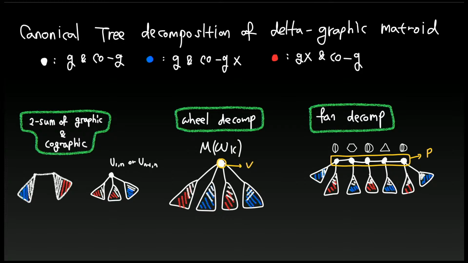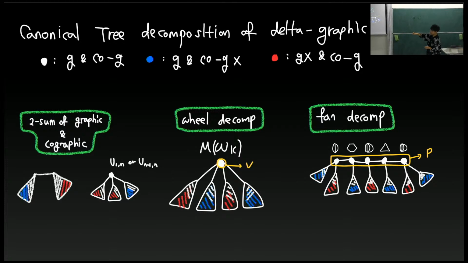The first case comes when the minor of the Hill graph, which we start with to construct the delta-matroid, is a small graph. Then we eventually prove that in this case the structure of the delta-graphic matroid is just a two-sum of a graphic matroid and a cographic matroid.